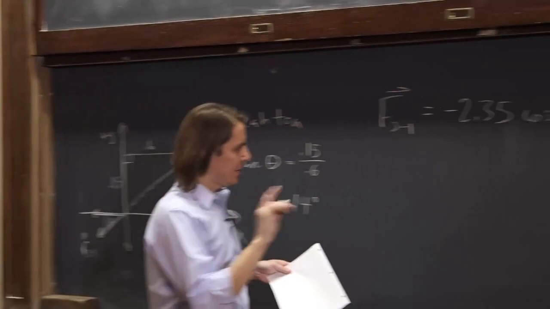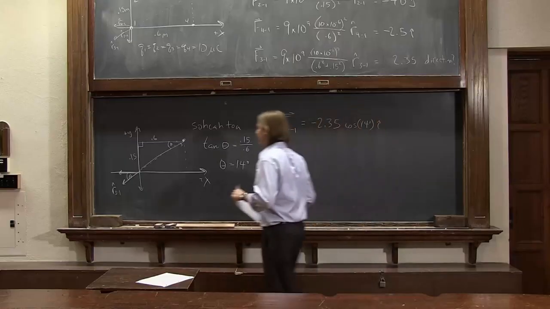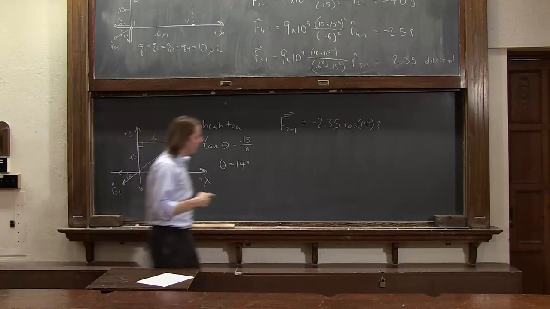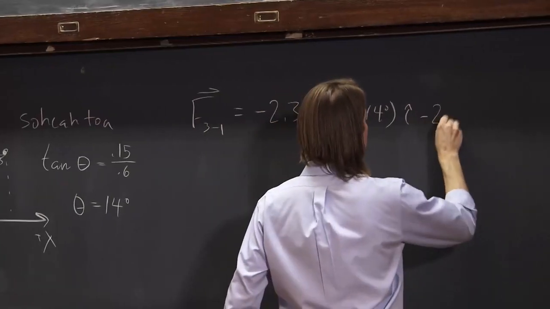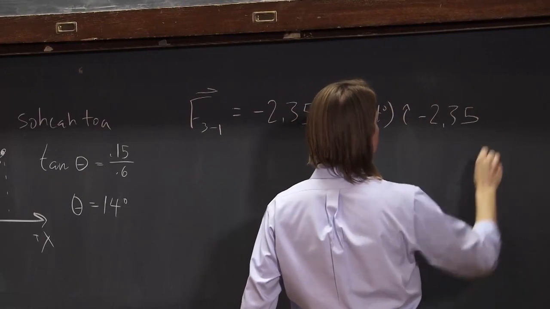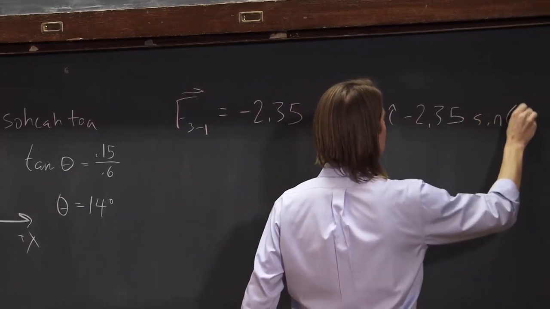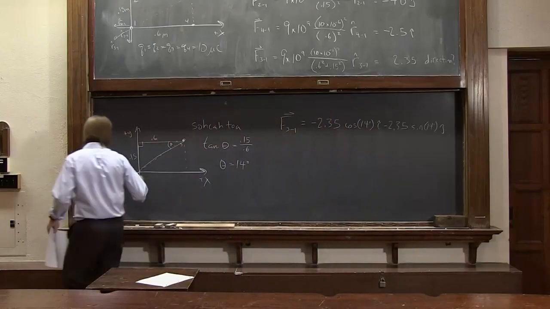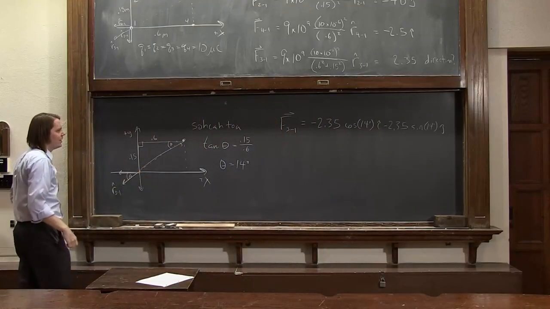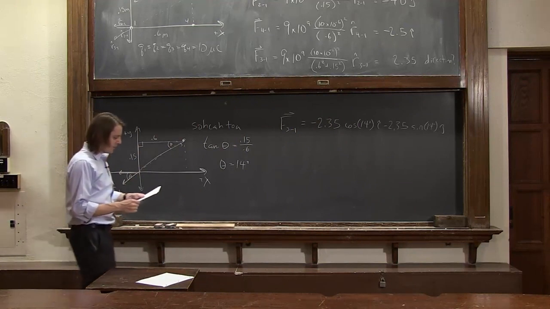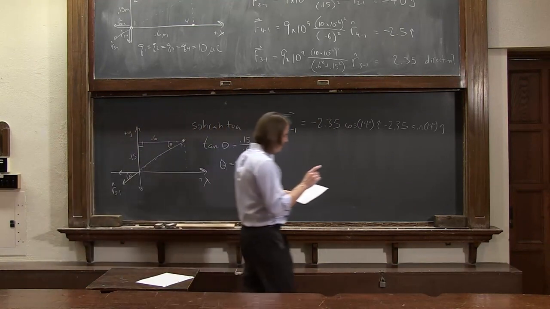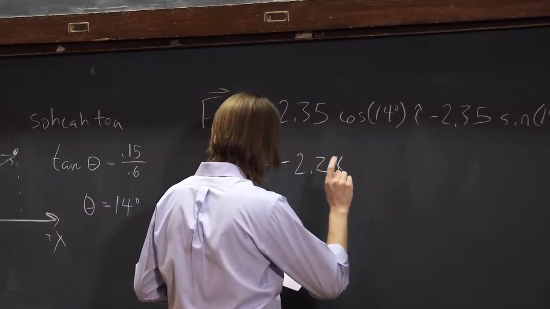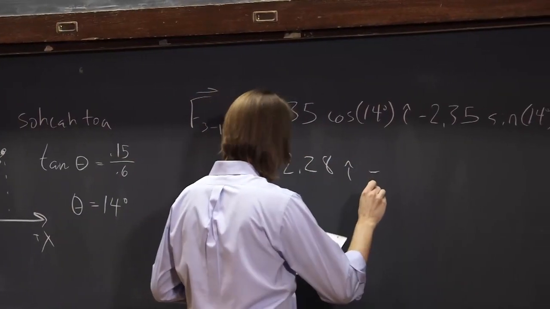That is the I hat, the x-axis, because the cosine is the adjacent component. And then also minus 2.35 times the sine of 14 degrees, and that's the y component. Also negative, because this is pointing towards negative x and negative y. So if you put those together, you get minus 2.28 newtons I hat minus 0.57.